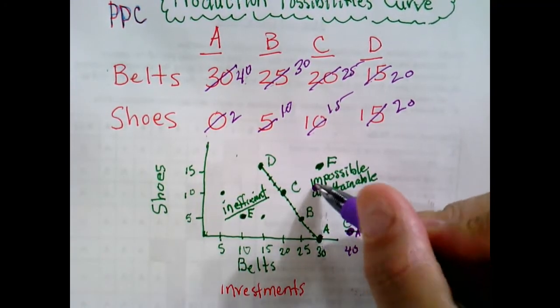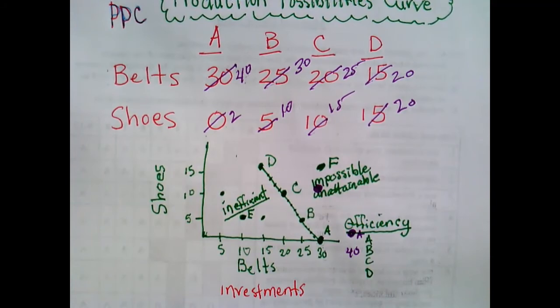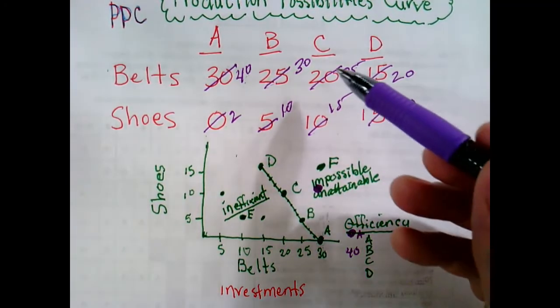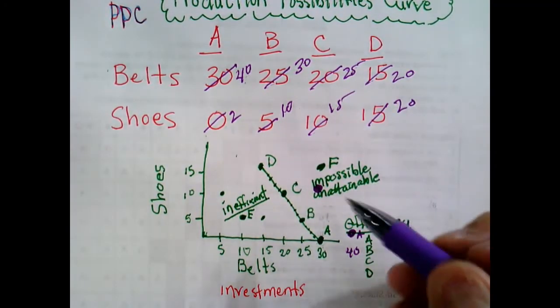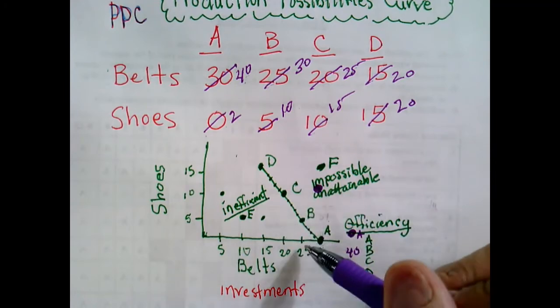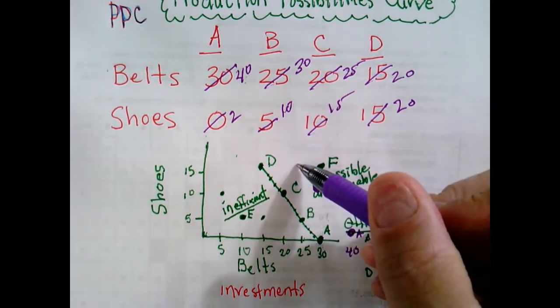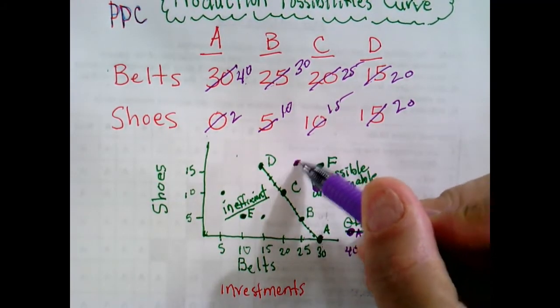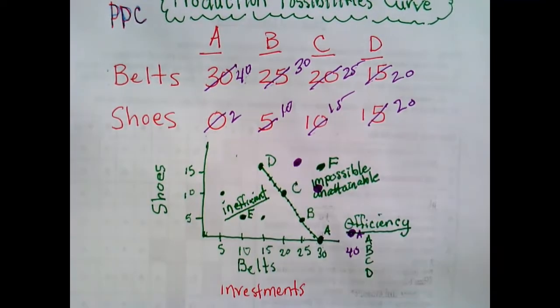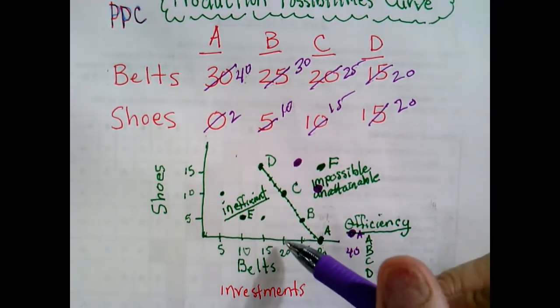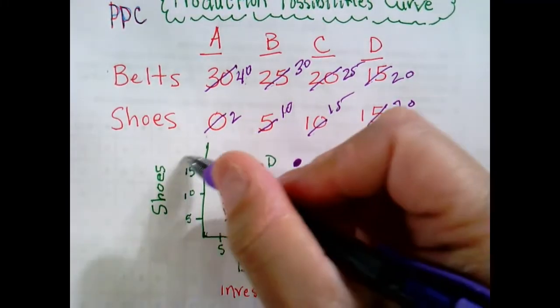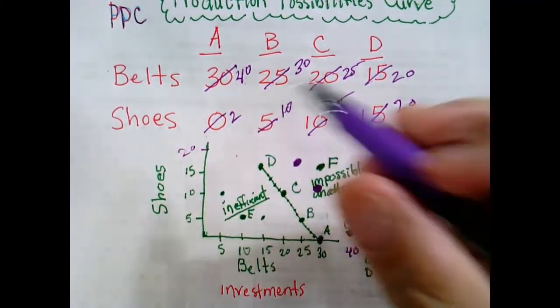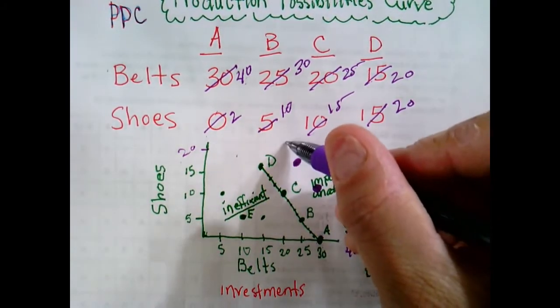And I know I have words in the way here, but we're going to work through that. And for point C, 25 belts, 15 shoes, that's about up here. And then the last point is 20 and 20. So 20 belts, and let's add 20 over here, 20 shoes. So we're talking about up here.